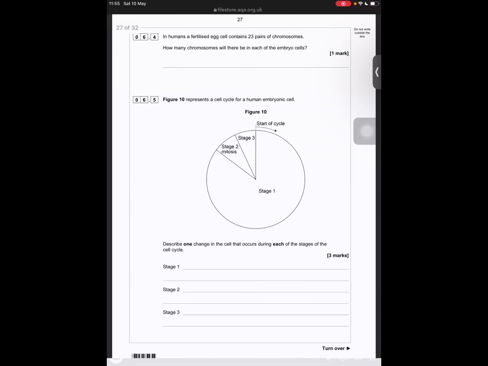Okay, it says in humans, the fertilized egg contains 23 pairs of chromosomes, correct? How many chromosomes will there be in each of the embryo cells?